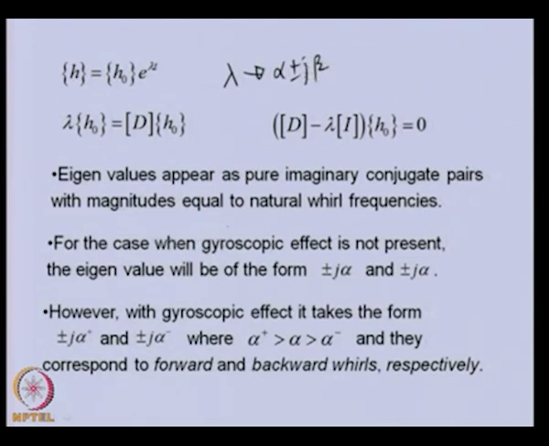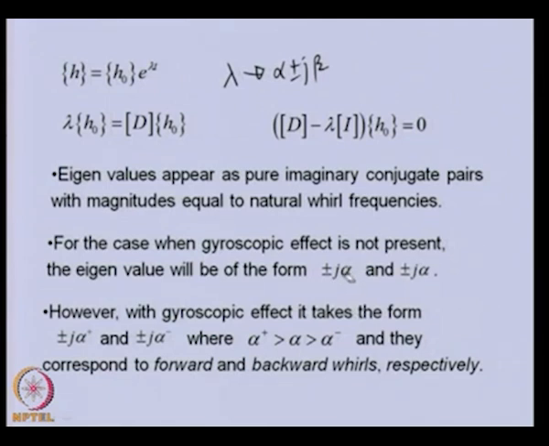In case we do not have the gyroscopic couple, we will find that we get two pairs of the same complex eigenvalues. Their magnitudes will be the same if we are not considering the gyroscopic couple. But if we consider the gyroscopic couple, what will happen among these two?